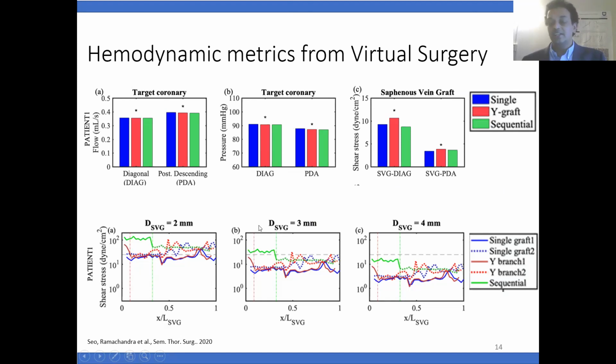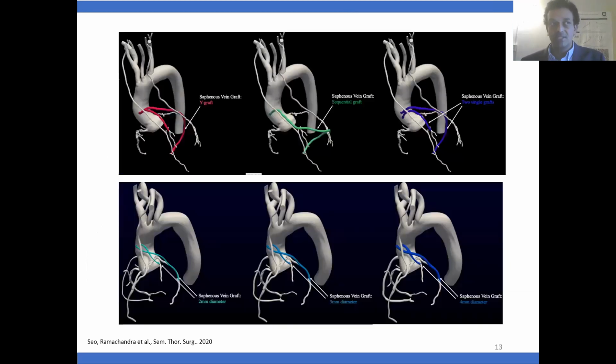Okay, so I'll not go into the details of the guideline, but essentially, if you make the grafts too small, the wall shear stress ends up being very high, and it might lead to endothelial cell damage. If the wall shear stress is too low, it can be atheroprone. So there is a sweet spot for the wall shear stress, which your models here can help determine, what the right configuration would be for a given diameter of the graft.